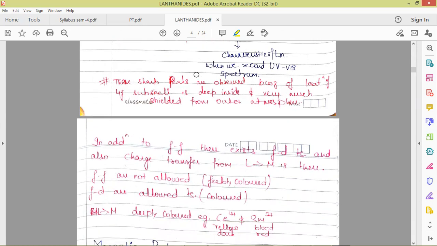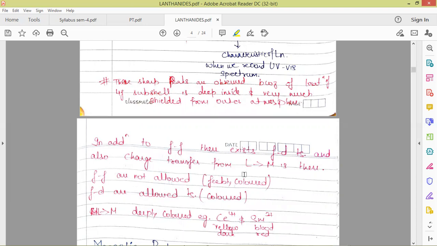In addition to f-f transitions, there exist f-d transitions and also charge transfer. There are two types of charge transfer: charge transfer from ligand to metal and charge transfer from metal to ligand. Ligand to metal charge transfer cases are also there for lanthanide elements.